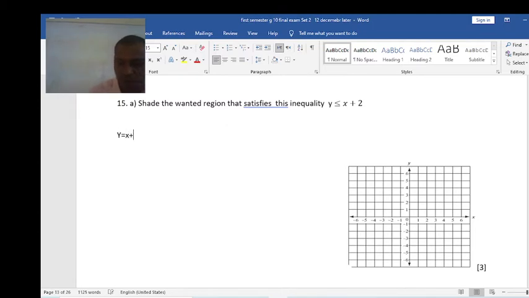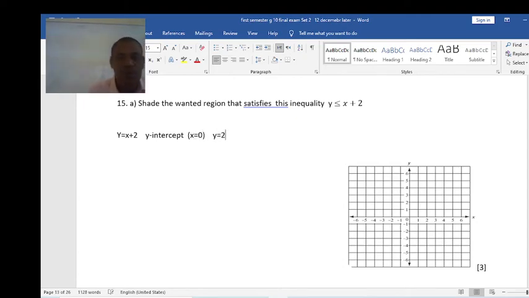y equals x plus 2. Then the y-intercept. Y-intercept means when x equals 0, y is 2.